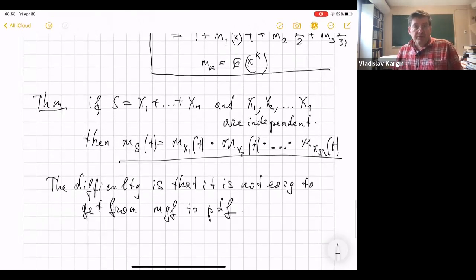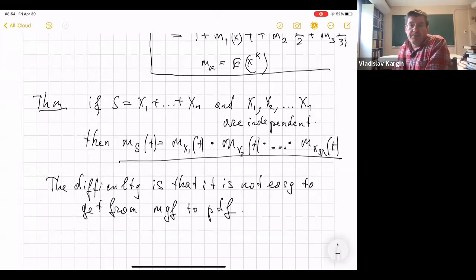If you know the MGF function, it's not easy to calculate the probability density function of this random variable. There is a method, there is an integral, but you will just write down the density as an integral, and after that the only thing you can do is go to numerical software and use this integral to calculate the density.